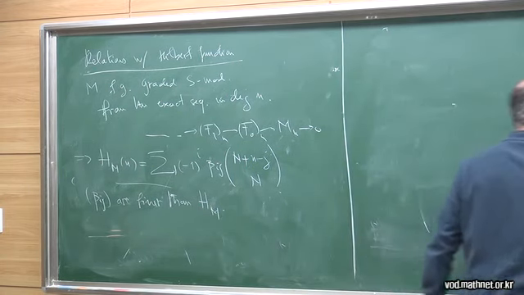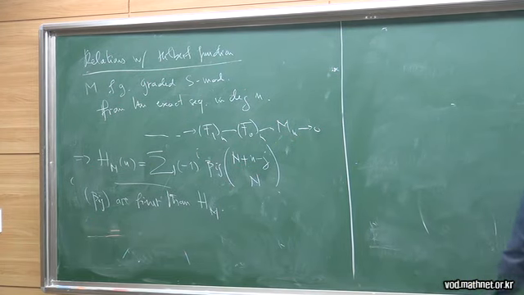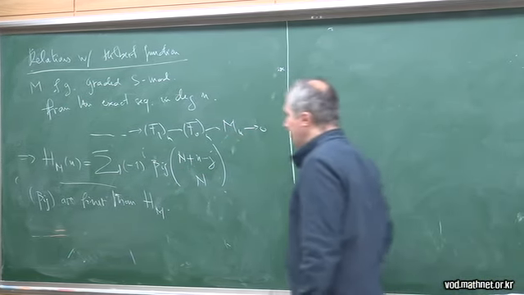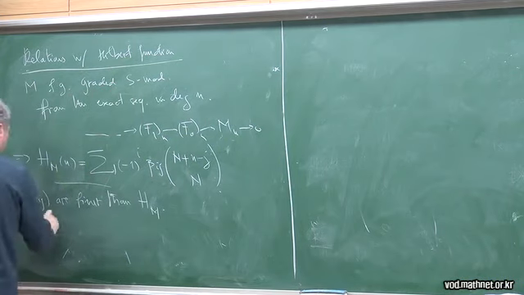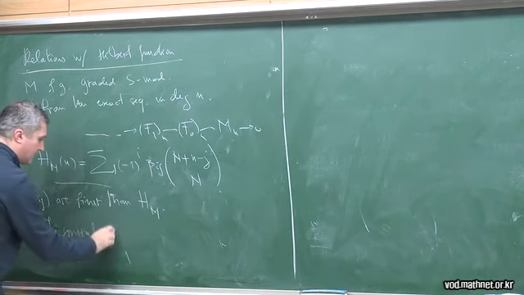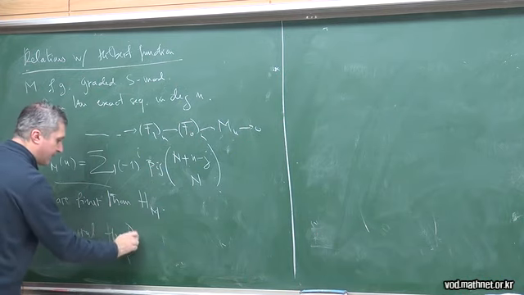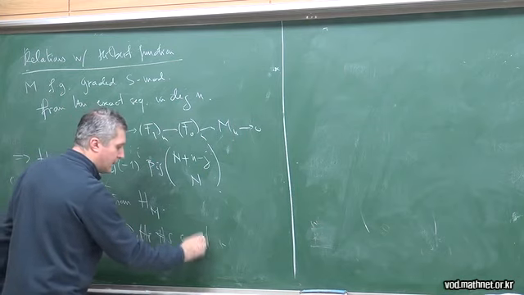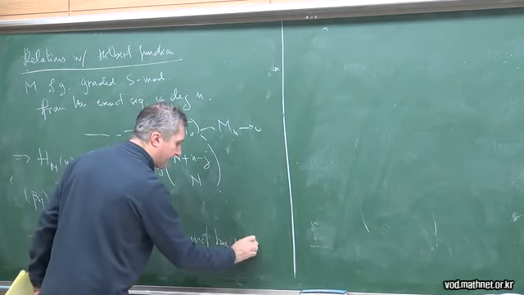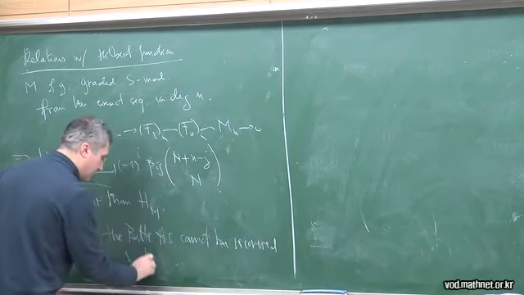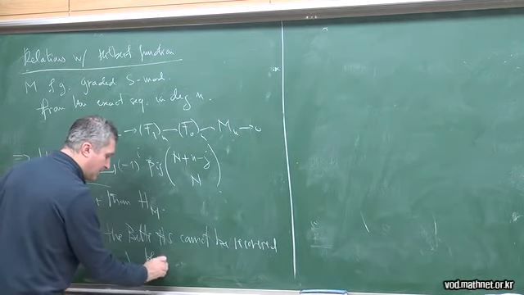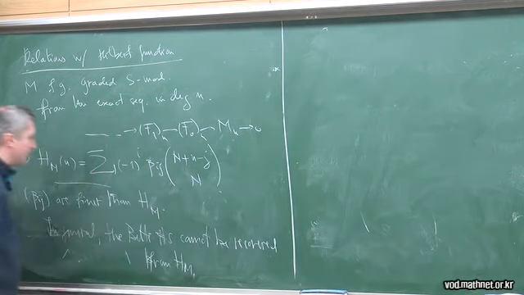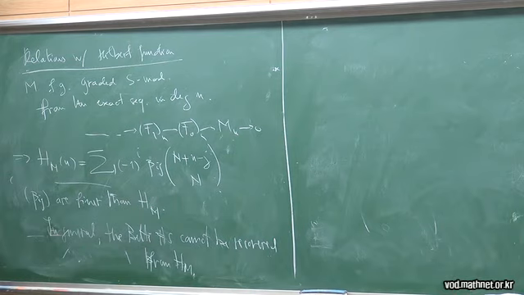The Betti numbers cannot be recovered from the Hilbert function. So they are strictly finer than the Hilbert function.